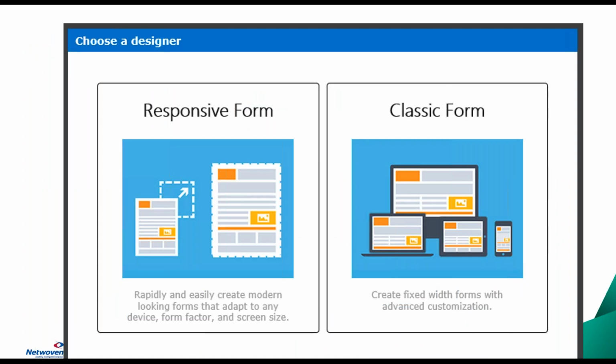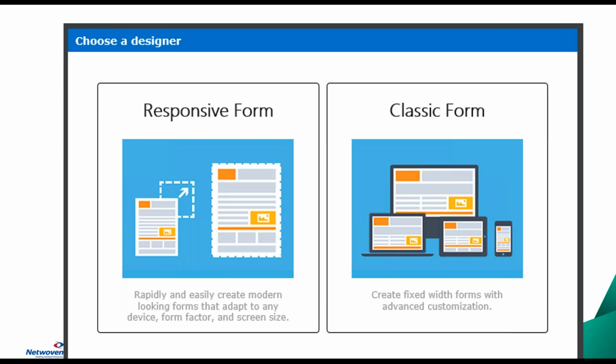One thing I wanted to talk about today is you've always had the ability to create your classic forms on the right-hand side. That's been around for a long time. This is like doing it in InfoPath where you can get that pixel perfect type of layout in a form. What's new is something called responsive forms on the left-hand side.